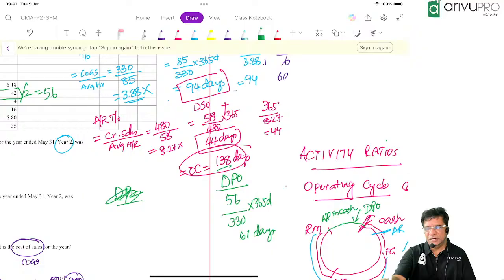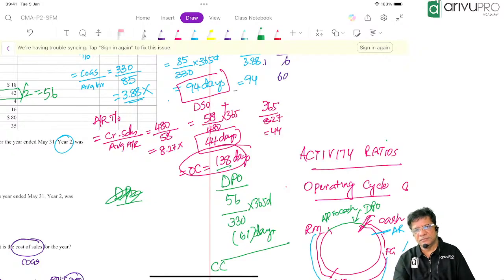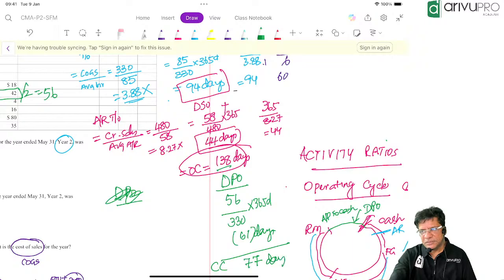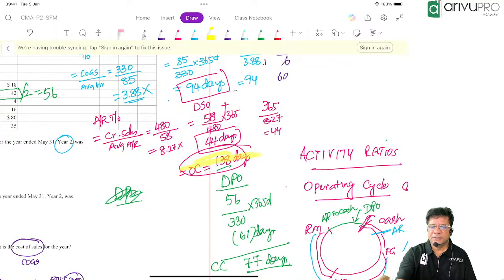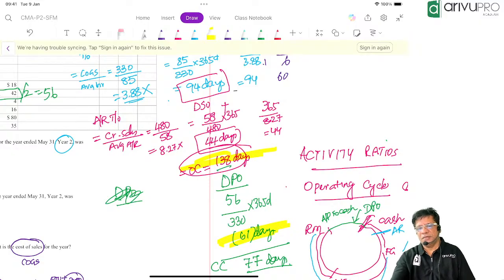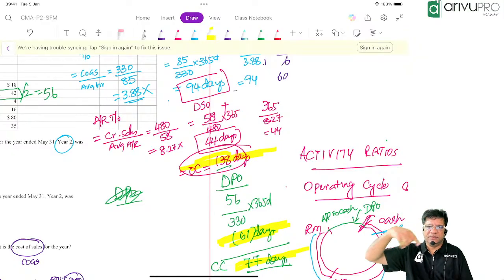Operating cycle 138 minus 61. How much? That is the cash cycle. 138 minus 61, 77 days. 77 days is your complete cycle.